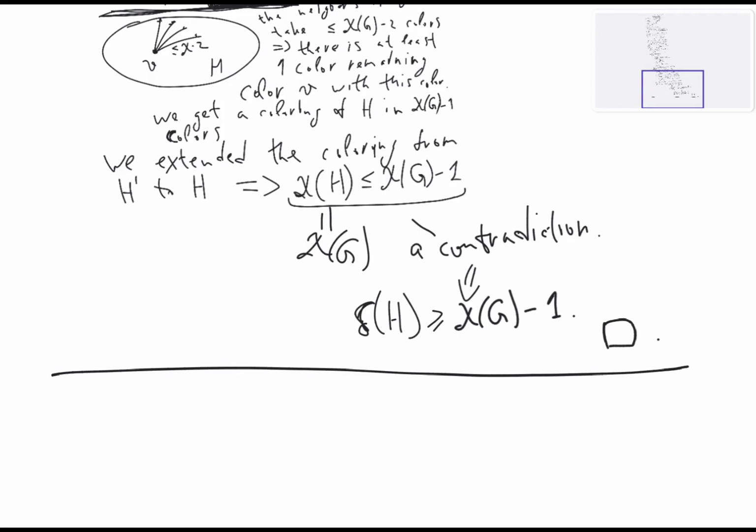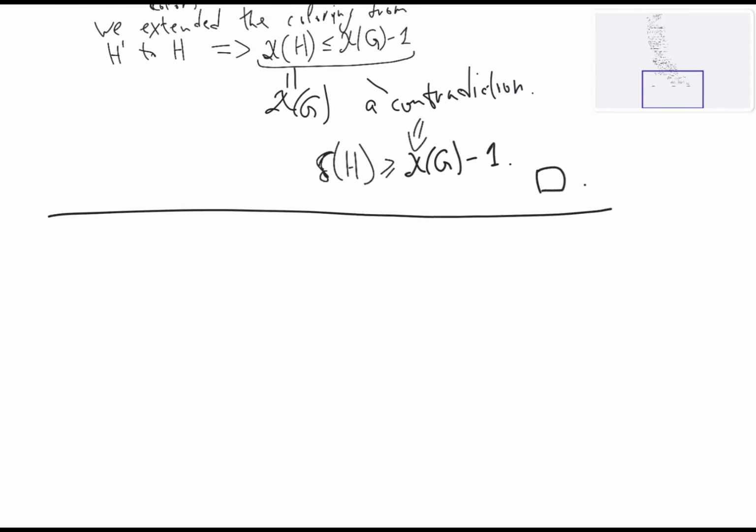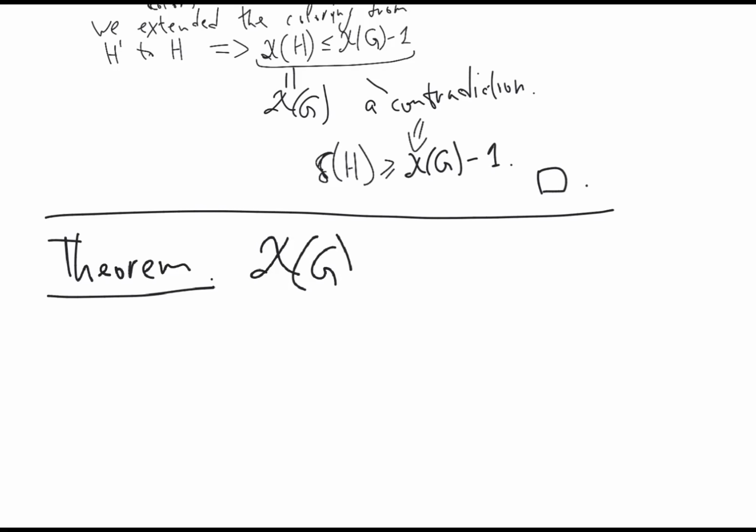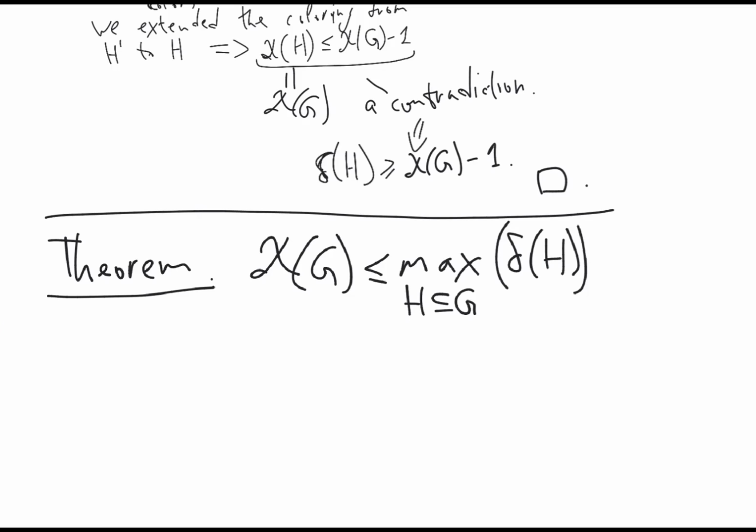And so now there is a corollary of the theorem. So let's write it as another theorem. And that says that the chromatic number of G can be bounded from above by this number, the maximum of the minimum degree among all subgraphs of G. So we take the maximum among all subgraphs H of G of the minimum degrees.